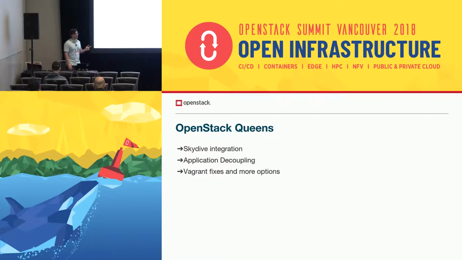So the new cycle has far fewer features, and I'll talk a little bit about the resource allocation to the project later. But basically, there are two major features in the Queens cycle: Skydive integration and application decoupling, plus some fixes to the Vagrant setup. And I'll go back later and show you some of the features that we talked about doing during the last summit that are in progress but not complete, and we need help finishing.